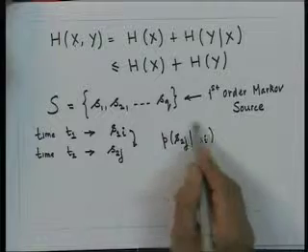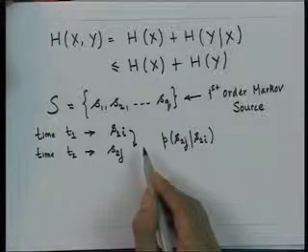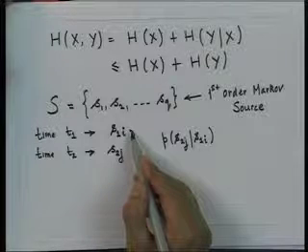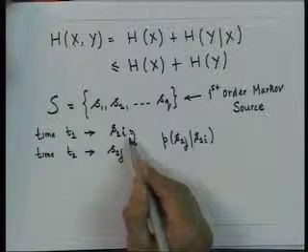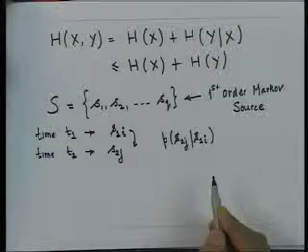So, if I have these conditional probabilities available, then I can calculate the information which I get when I transit from S1i to S2j.